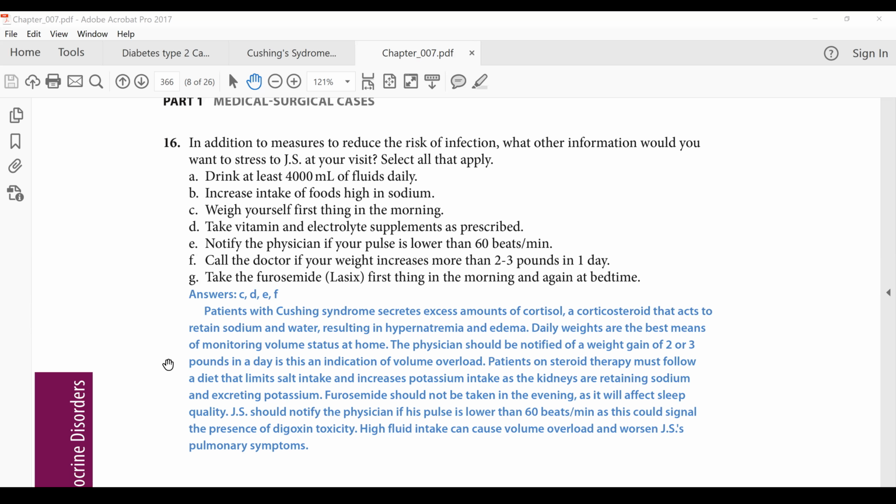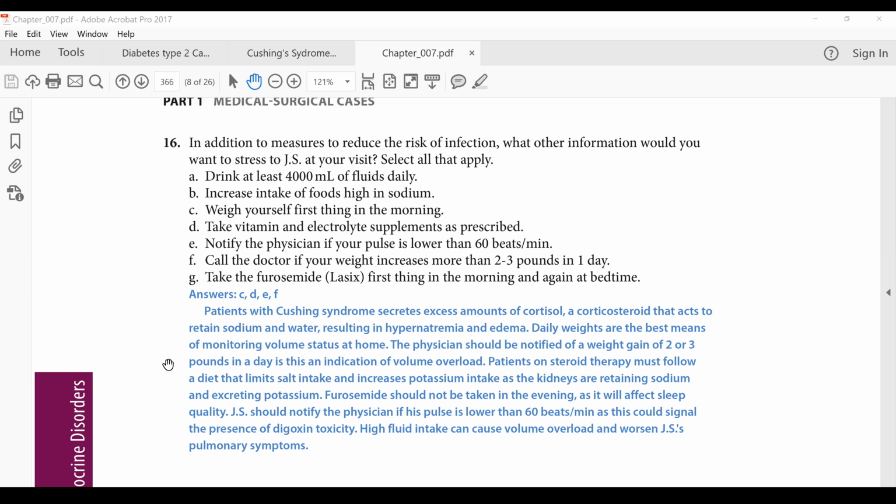Anytime a patient that has Addison's disease is under significant stress or illness, they need to increase their dose of either prednisone or hydrocortisone or whichever hormone replacement therapy they're on. It's critical that we tell them to take their medications on a regular basis.